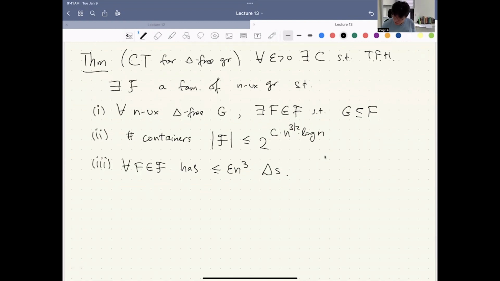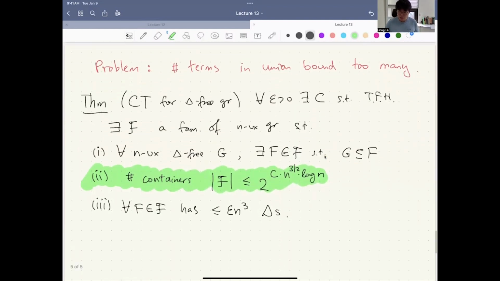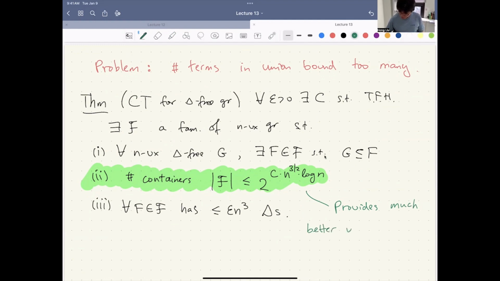This is the reason the container theorem is useful: there are very few containers, which provides a much better union bound.